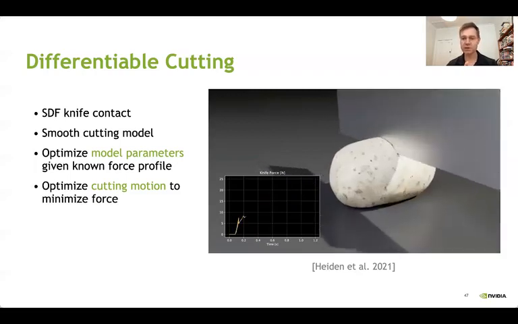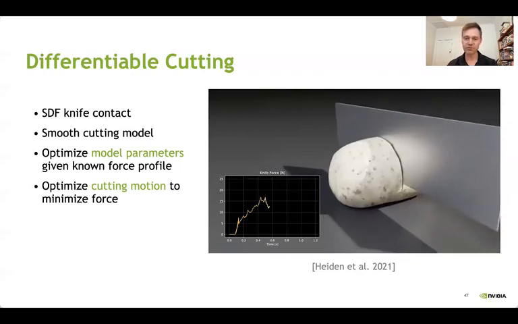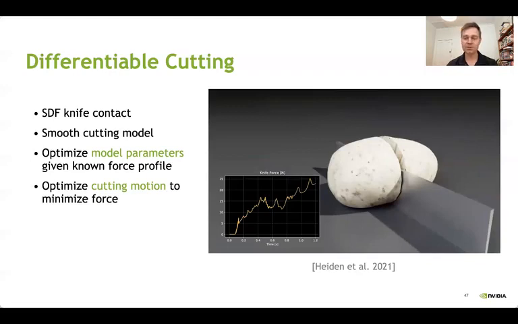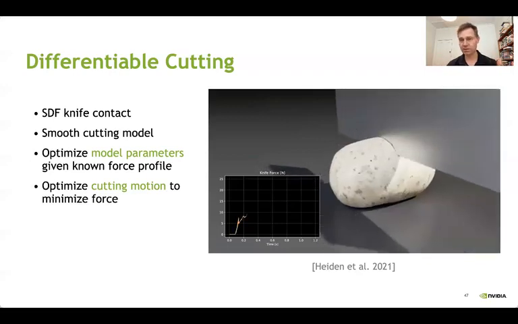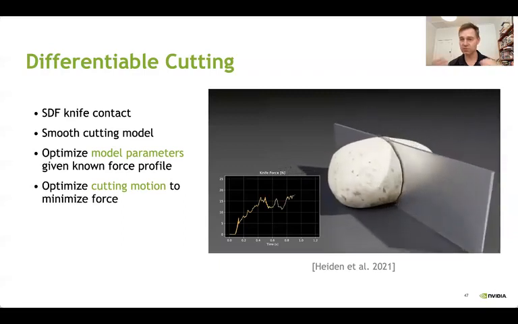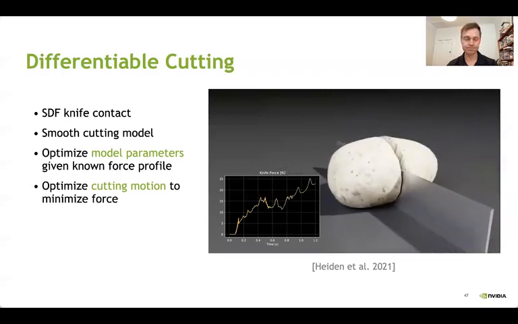What this lets us do is, we had some measured ground truth force profiles for cutting different vegetables, and we were able to optimize our model to fit that data quite efficiently to get predictive simulations.